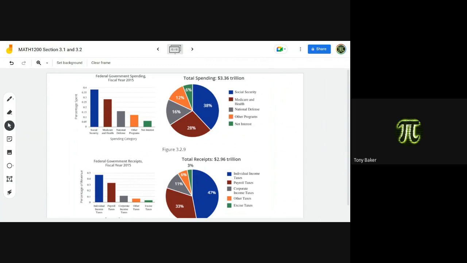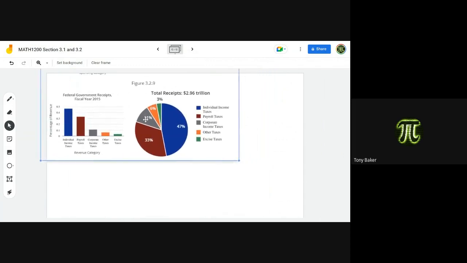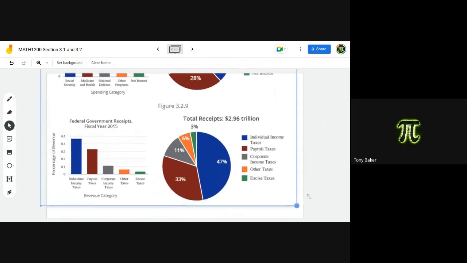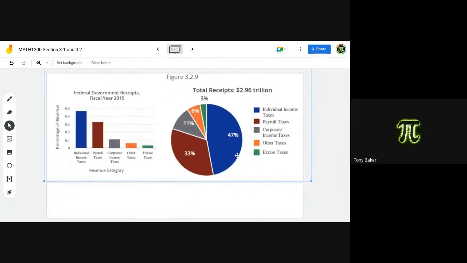So let's look at where the money came from. 47% of the money coming in was your income taxes. 33% were payroll taxes.